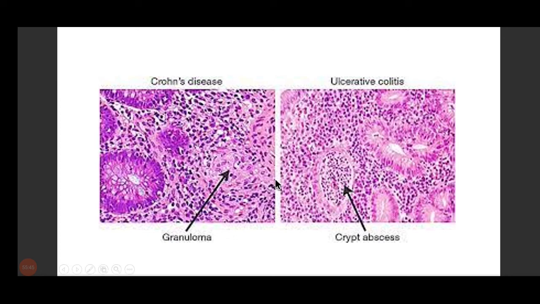The picture is not very clear, but you can see there is a non-caseating granuloma. It is asked in NEET PG also in Crohn's disease. But in ulcerative colitis, you will see crypt abscess.